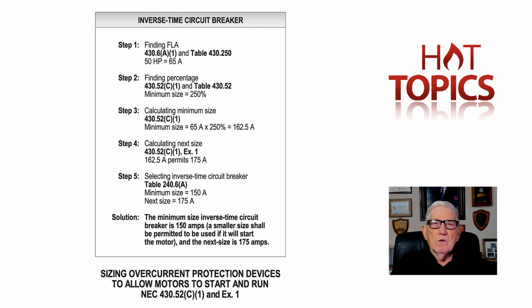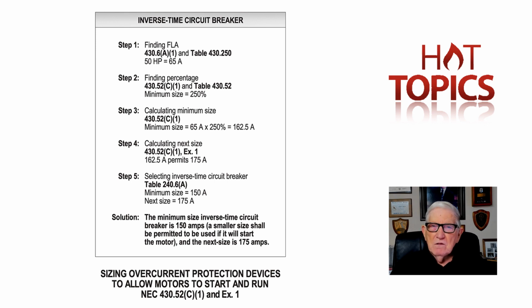Then you would go to 430.52C3 and you would use an instantaneous trip breaker, which is column, I guess it's maybe column 4 in the table 430.52 under the heading instantaneous trip, and you could go up to 800% of the full load current of the motor, 65 amps.